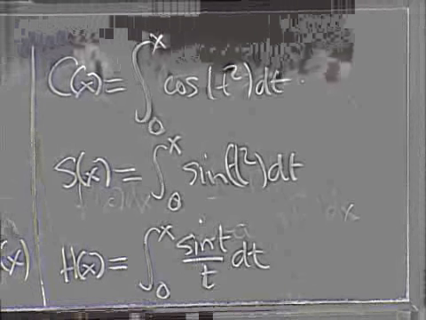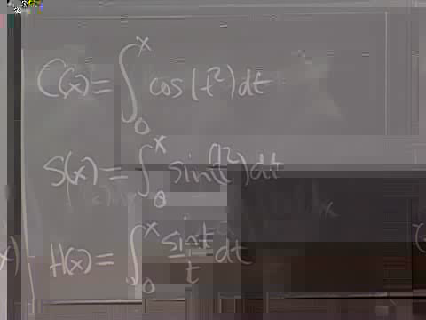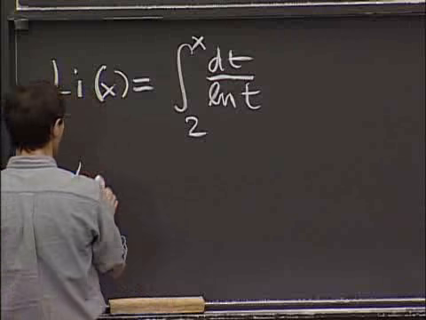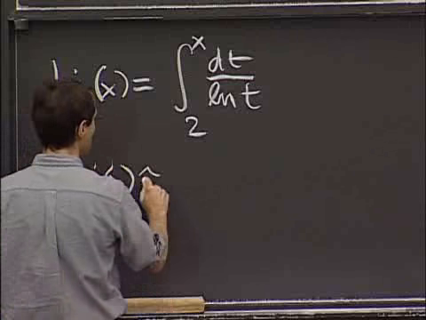And I'm going to just tell you maybe one more such function. There's a function which is called Li of x, the logarithmic integral of x, which is this guy. The reciprocal of the logarithm, the natural log. And the significance of this one is that Li of x is approximately equal to the number of primes less than x.